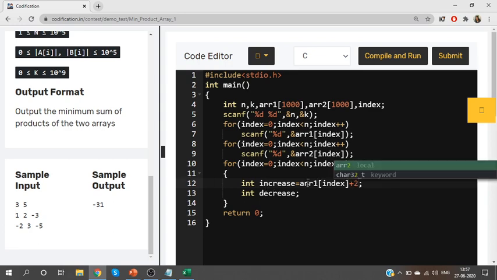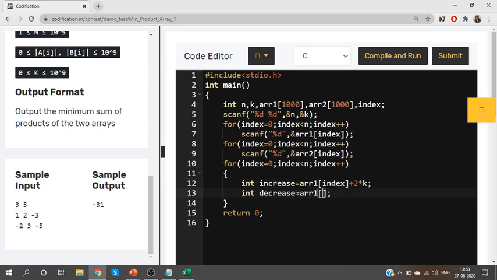We are not increasing it by 2 only one time. We will increase it k times. So 2 into k. Clear? So when I increase the element, array 2 should not change. Array 1 can be increased by 2 into k, or array 1 can be decreased by 2 into k.